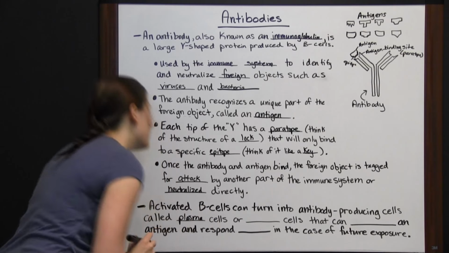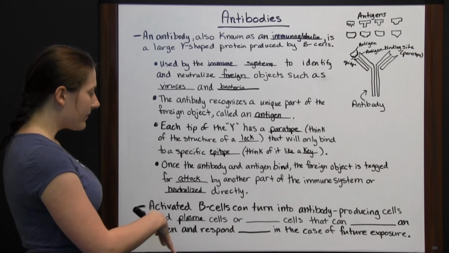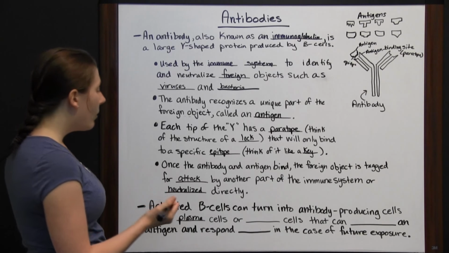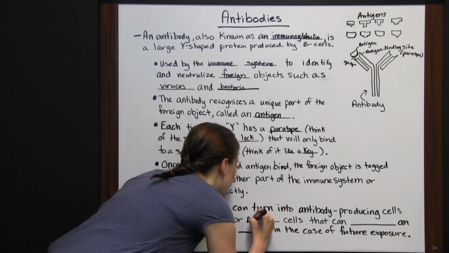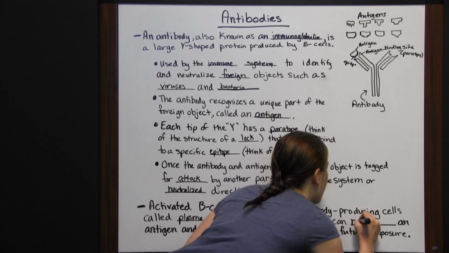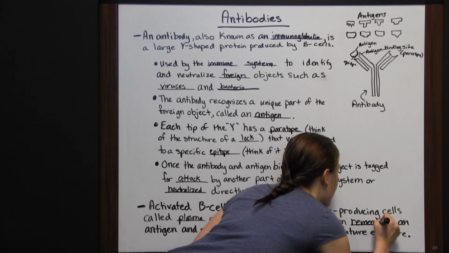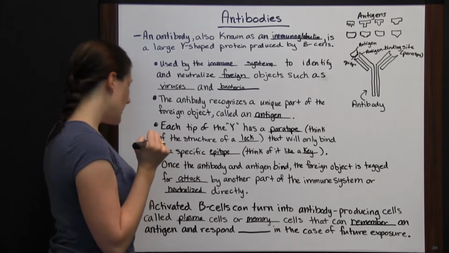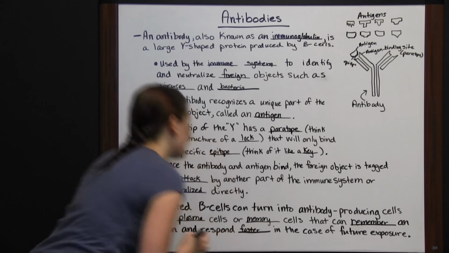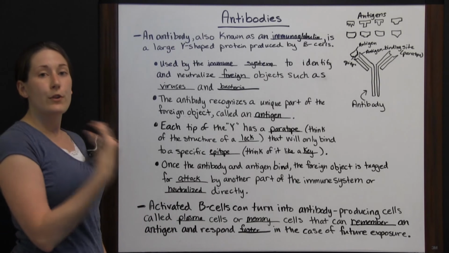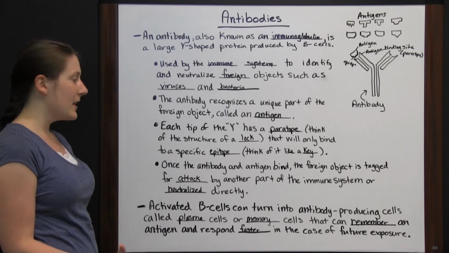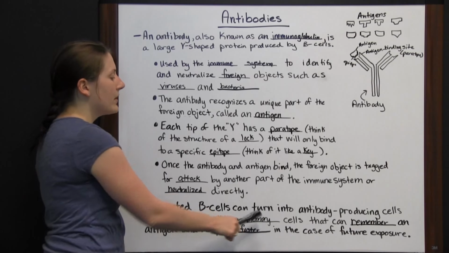So they can produce new antibodies, these plasma cells that the B cells turned into, or they can be turned into memory cells that can remember an antigen and respond faster in the case of future exposure. So these B cells can turn into plasma cells that produce more antibodies if needed, or they turn into memory cells.